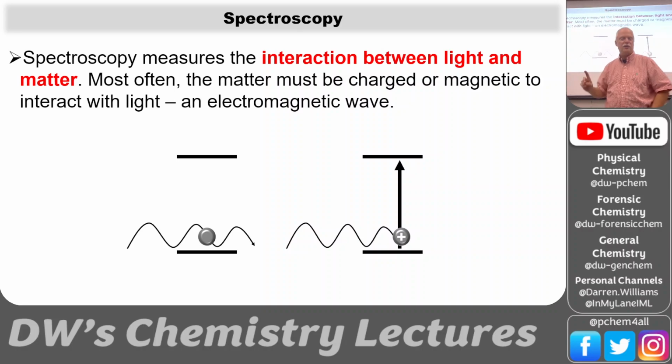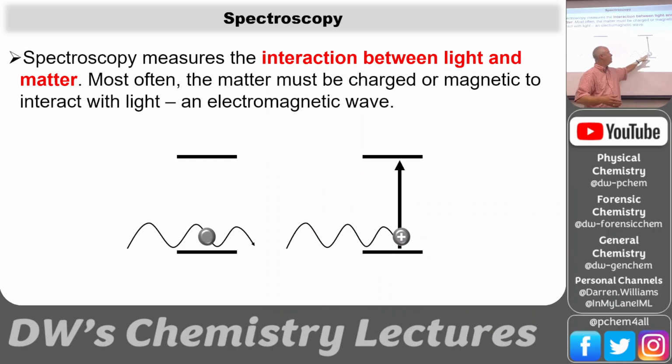Okay, so if we have a charged particle, then we have an oscillating electric field, and we're in business. With an oscillating electric field and a charged particle, we can have interactions. That particle we're going to describe as a wave. It's a wave that's charged, if you will, but it's hard to think of a charged wave. We think of a charged particle, but we have a wave function. Light comes in, it's an electric field, and it's going to interact with that wave function.